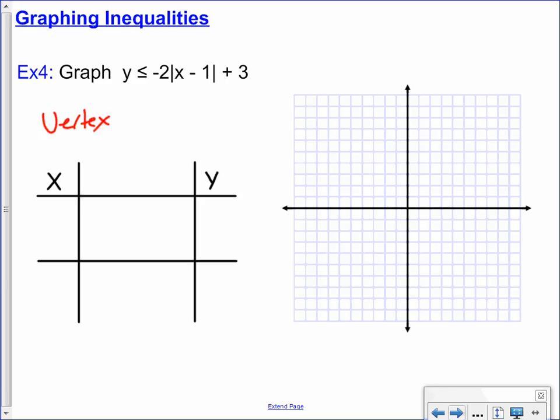Vertex. Remember to pull out opposites from parentheses. So the vertex is 1, 3. Before and after 1 are 0 and 2. Plug and chug. What do we got?